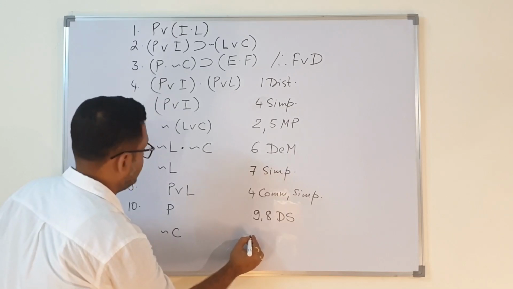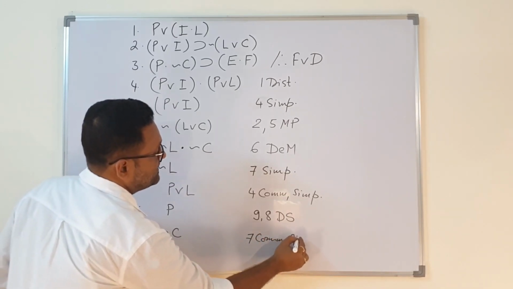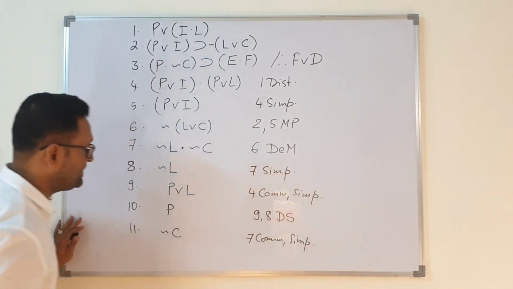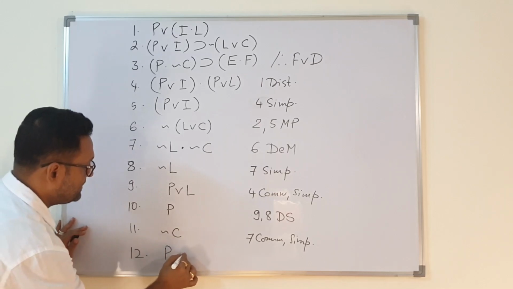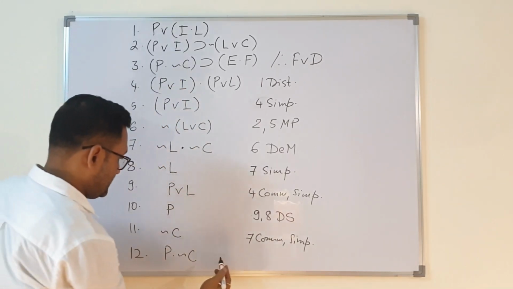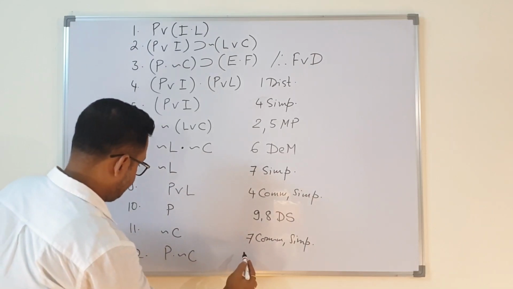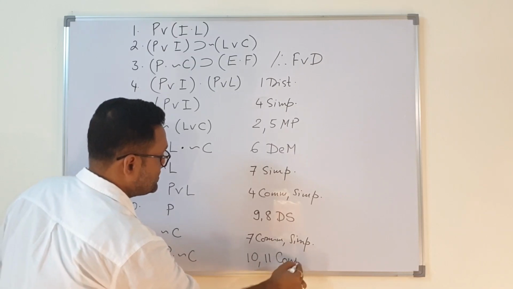This is going to be 7, commutation and simplification. Fine. Now you can conjoin these two together, P dot negation C, because you want to enter this line, right? So you will get it with 10, 11 conjunction.